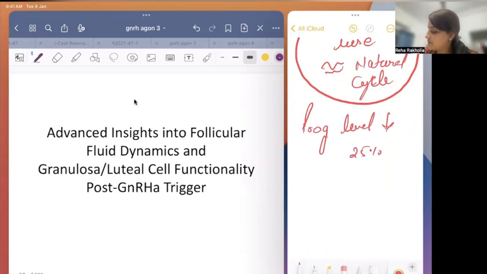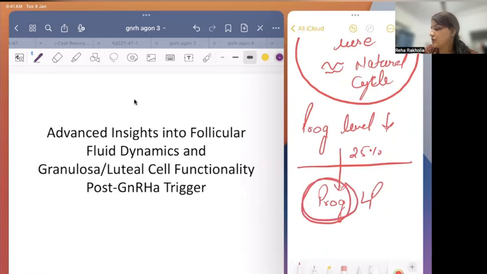That's why we need to give progesterone in the luteal phase in a GnRH agonist trigger.